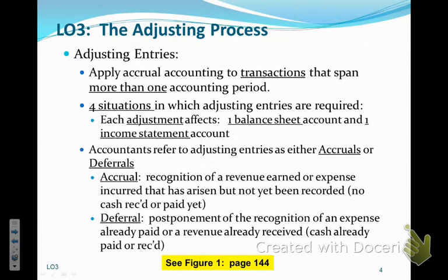On page 144, you'll see the 4 types of adjusting entries that we'll be referring to. And you'll see a little table that shows both the asset and liability accounts and the expense and revenue boxes, reflecting whether there's an adjusting entry that's an accrual or an adjusting entry that's a deferral.